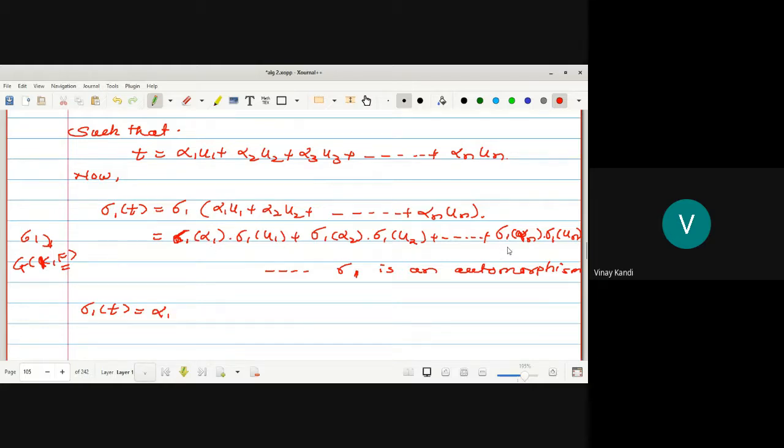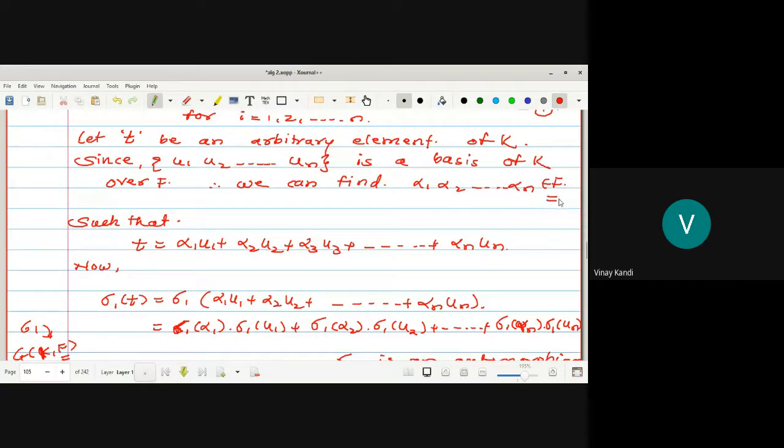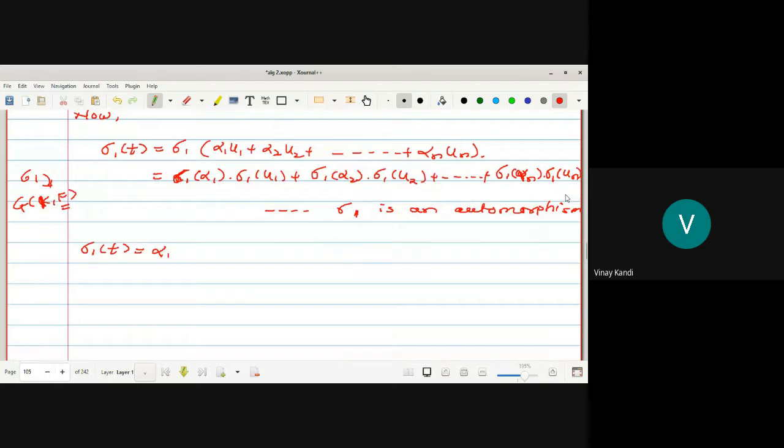Look at here. Sigma 1 of t is equal to alpha 1 into sigma 1 of u1 plus alpha 2 into sigma 1 of u2 plus up to alpha n into sigma 1 of un. What is the reason?